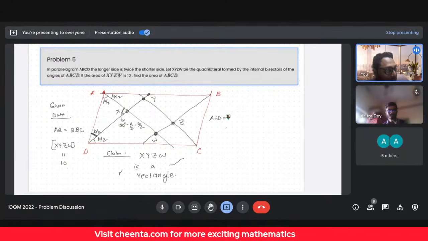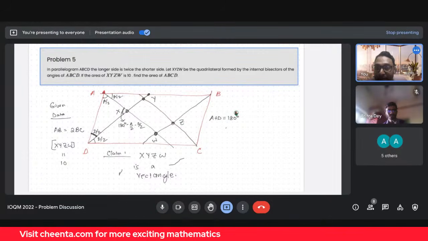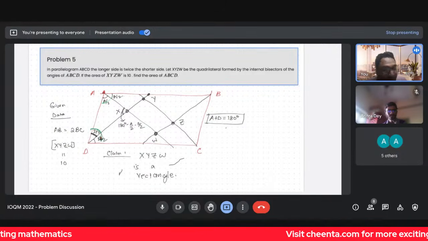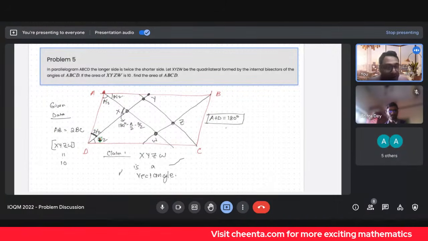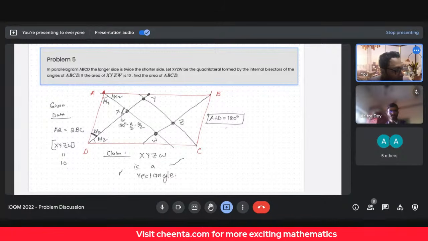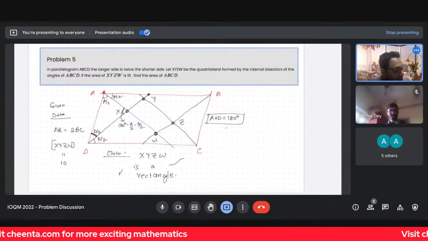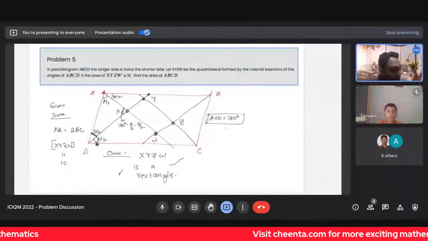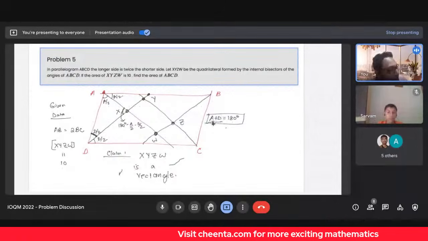Can anyone tell me why angle A plus angle D will add up to 180 degrees? Because AB and DC are parallel, so the angles add up to 180 degrees. Absolutely. So if you divide that by 2, you will get 90 degrees.